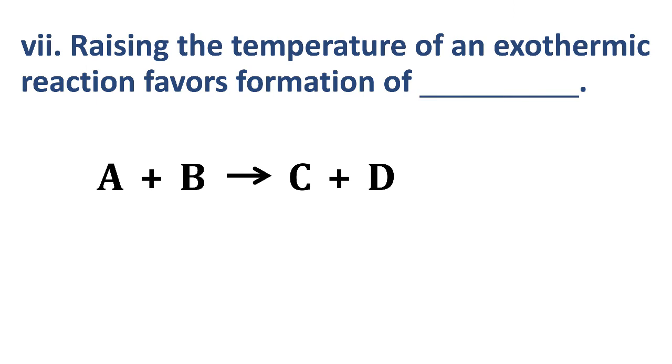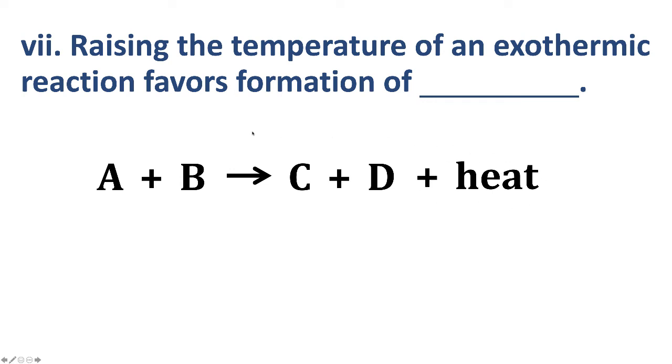And then if we look at effects of temperature change on a system, if we raise the temperature of an exothermic reaction, remember that for an exothermic reaction, here a generic reaction A plus B makes C plus D, heat is a product of the reaction.